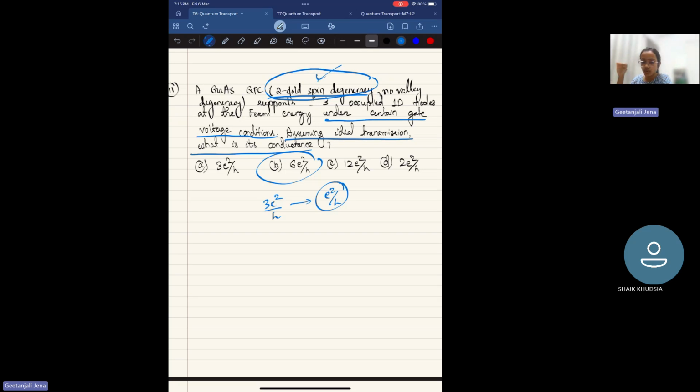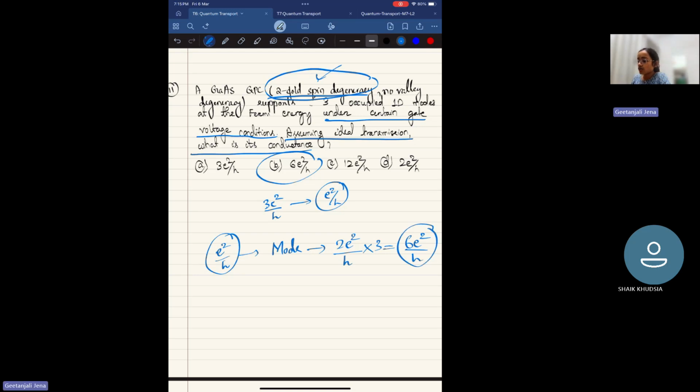So for each mode there are two spin states, and for each spin state we have a conductance of e square by h. That means each mode, because of this two-fold spin degeneracy, will have a conductance of 2 e square by h, and there are three modes. So we'll have a conductance of 6 e square by h.